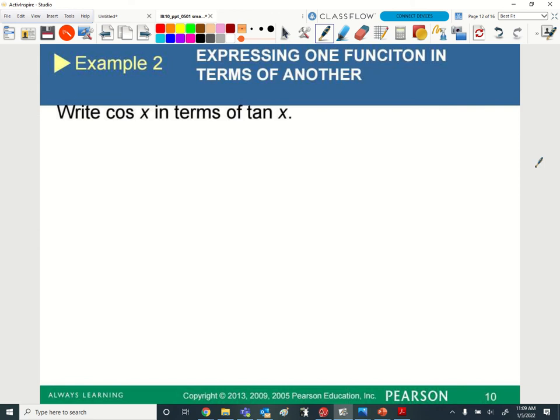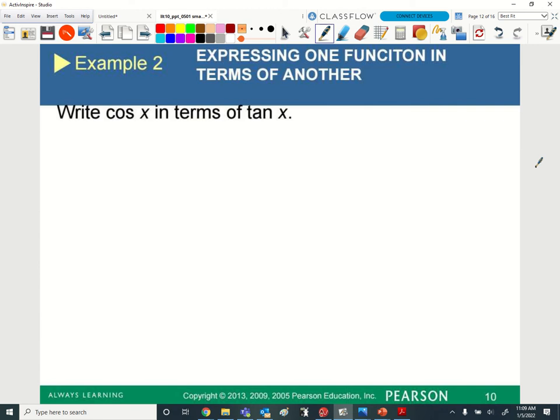All right, so we're going to write cosine x in terms of tangent. Okay, cosine x in terms of tangent. So we're going to use some of those identities that I gave you on slide 3. I want to have tangent somewhere in my identity.